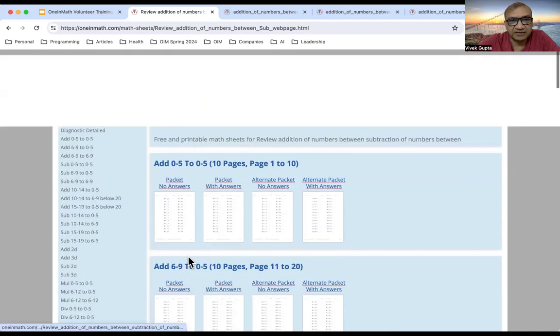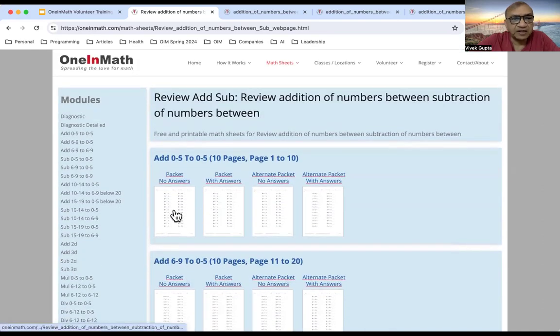Now, sometimes you are working with the student and you find that they're struggling with one of the concepts of the module. So instead of having them do all the packets of this particular module again, you may want to give them a review packet. Let's say the child is in 3rd grade and usually understands additions, but sometimes kids struggle with additions of 6 to 9, 6 to 9.